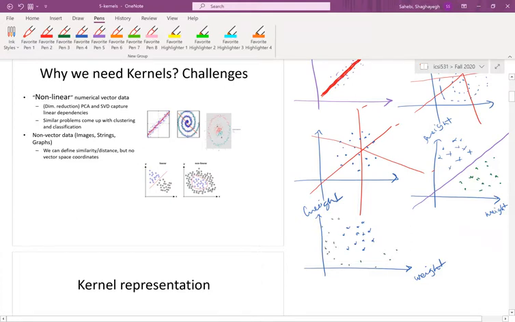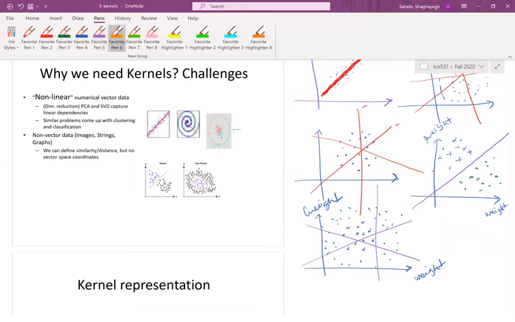So it's kind of a circular relationship. The ones that are in the middle are cats, and the ones that are around are dogs. Now, I cannot really find any line that can perfectly separate my cats and dogs from each other in this case. So my linear classifiers won't work. What I need is a classifier that is nonlinear. For example, if I draw this circle, it can separate cats from dogs in this example.